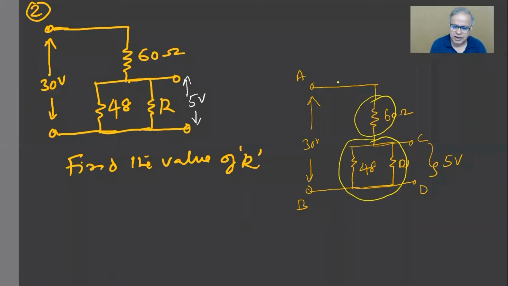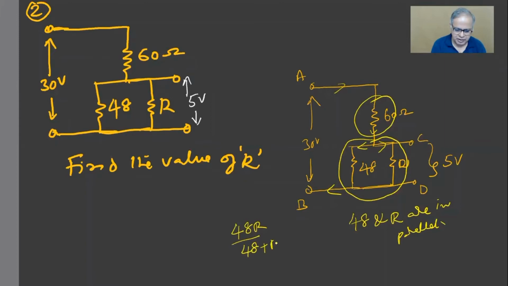If supposing current entered like this, it will divide like this and go like that. 48 and R are in parallel, no problem. But equivalent of 48 and R, which is how much, if you can directly write? 48 R by 48 plus R.